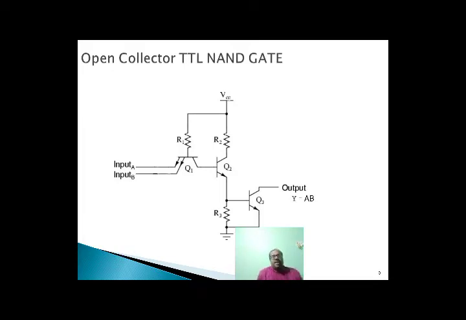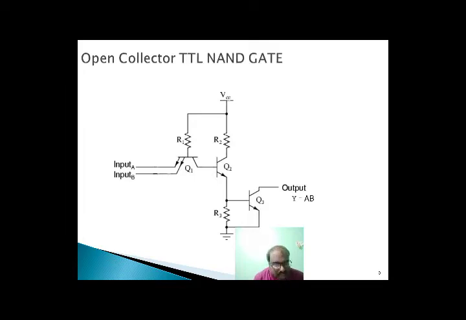Once again, a 2-input TTL NAND gate with open collector output is shown in the figure. Notice that the output is the collector of the transistor Q3 with nothing connected to it, hence it is known as open collector output.